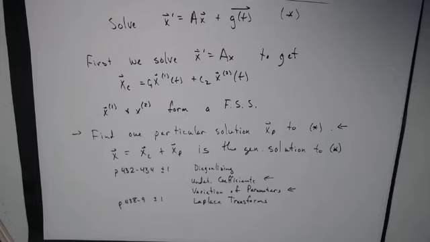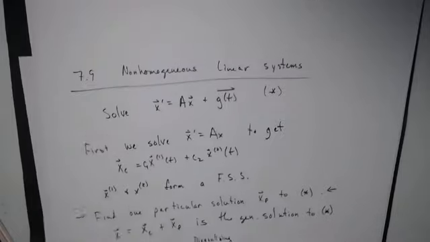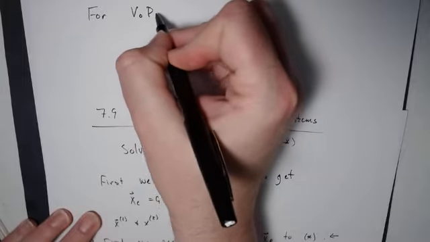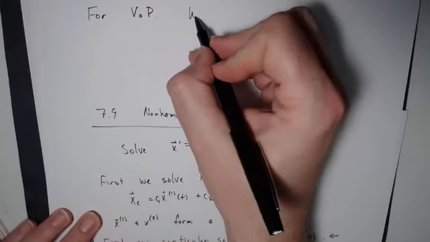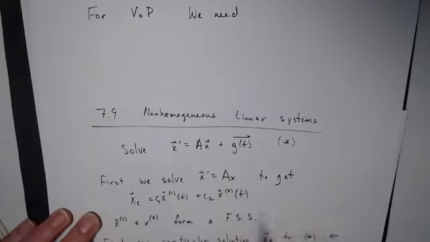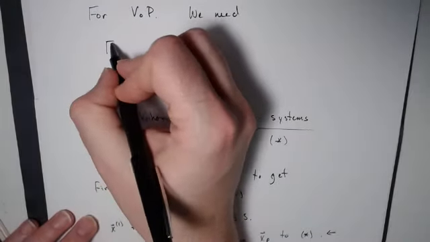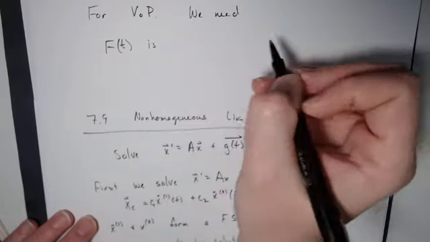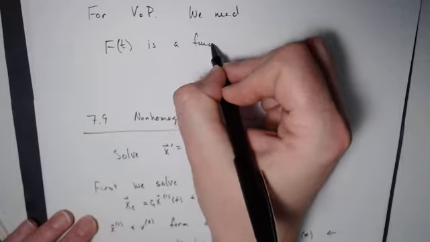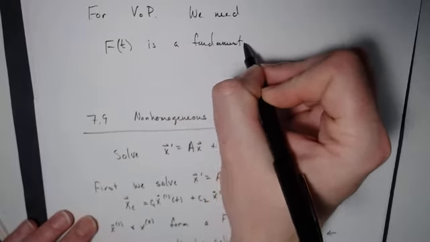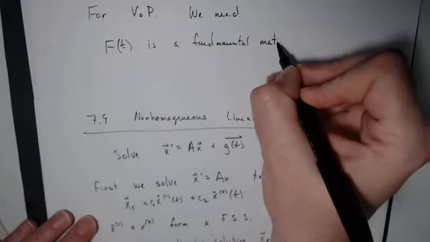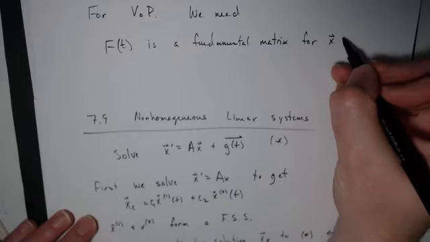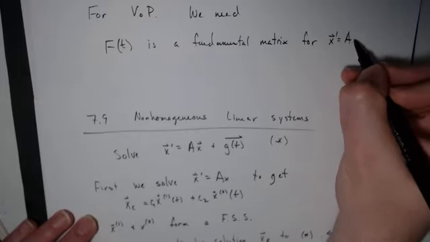So, what do we need for variation of parameters? We need, I'm not going to call this psi, I'm going to call it F. F of t is a fundamental matrix for the homogeneous case, x prime equals Ax.